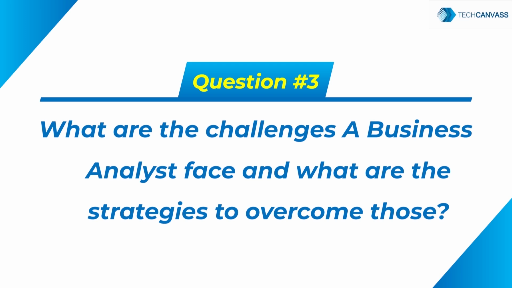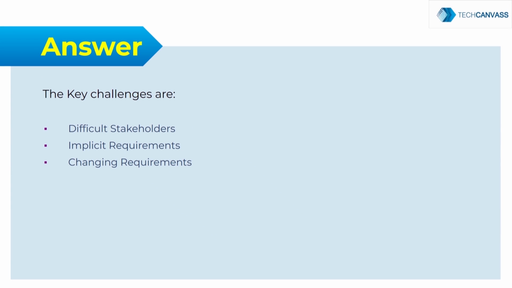Business analysts interact with stakeholders of different types. These pose challenges for the business analyst as stakeholders are human beings and every human being is different. However, as per me, the 3 most important and common challenges are: 1. Facing a difficult stakeholder.